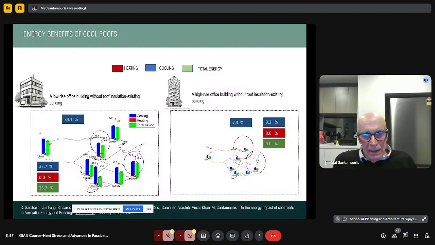So we have tried to calculate the penalty that is imposed on buildings because of the winter penalty. And we calculated the energy benefits for 17 different types of buildings here in Australia, taking into account the heating penalty, the cooling penalty, and finally the total energy benefits.